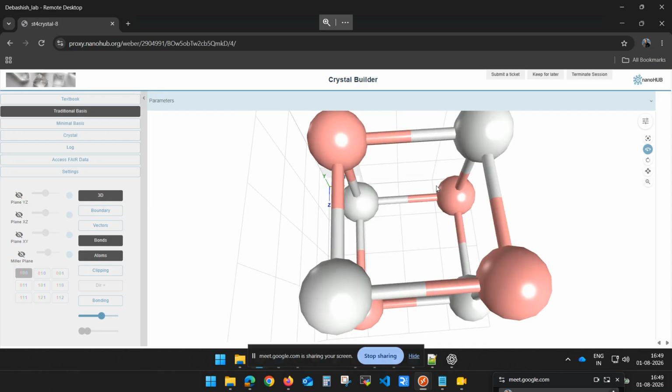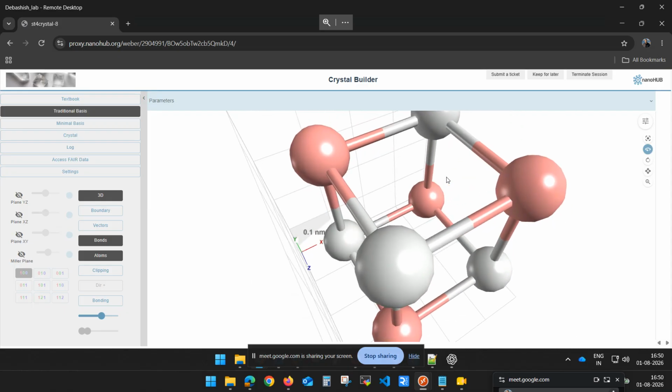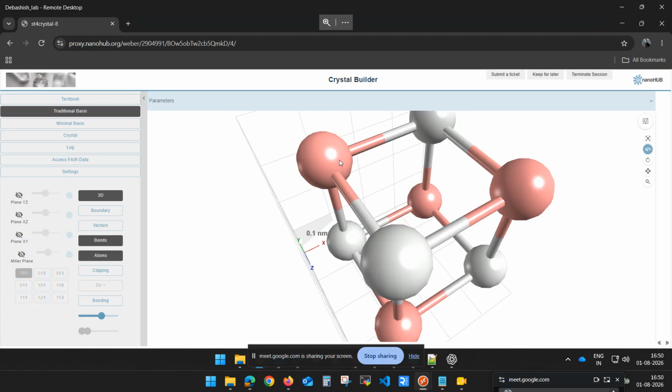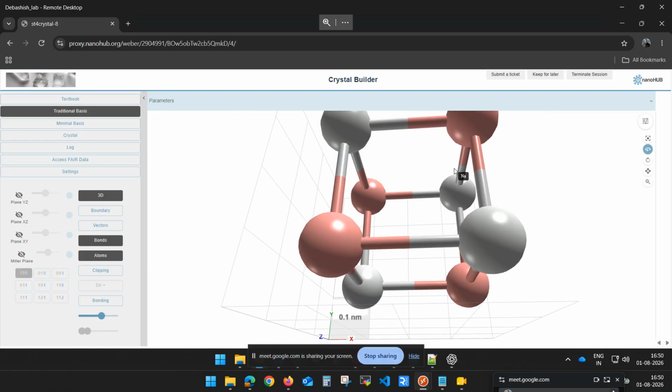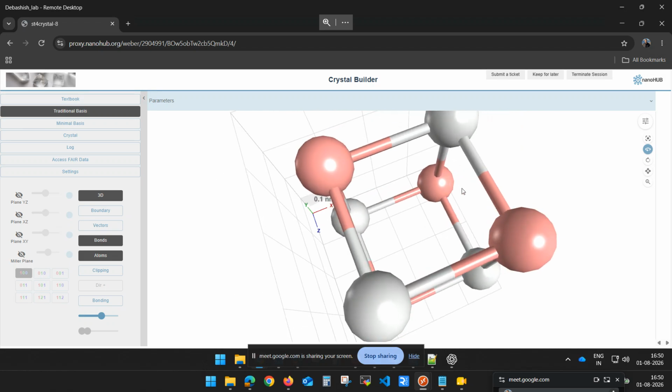Now the question I want to ask you is that this particular atom, how much volume of this atom is inside this cube or this unit cell? What do you think?